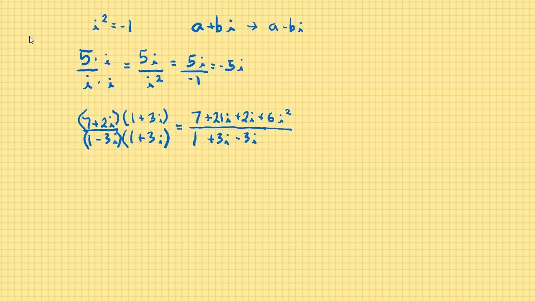And then the last terms are negative 3i and 3i. When you multiply those, you get negative 9i squared. Okay? Now we're in a good place because the 3i's cross out right here and right here. And that will always happen when you multiply by the conjugate.